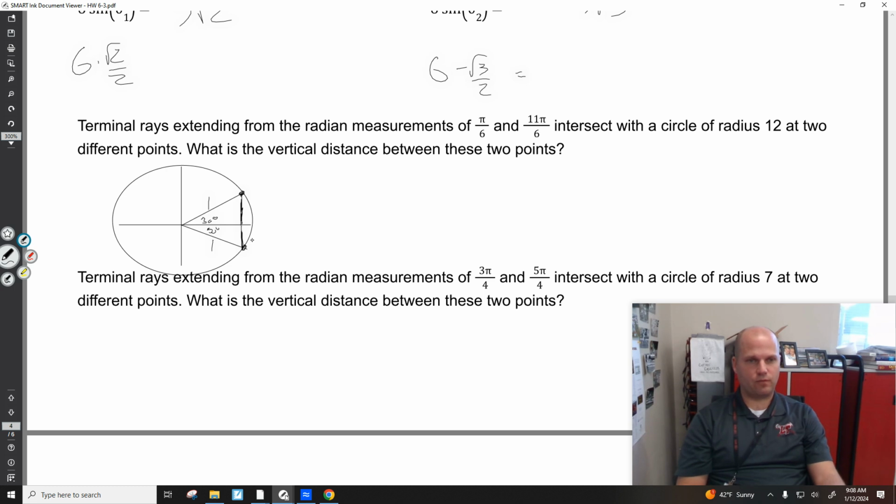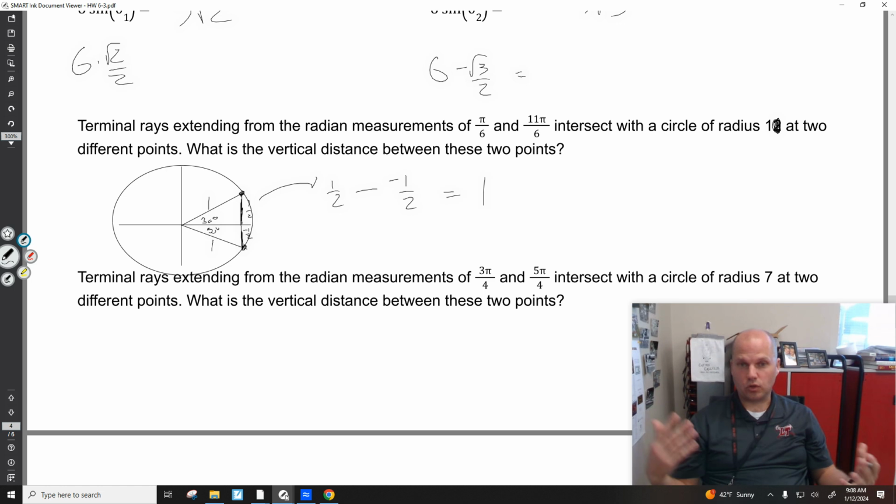We're going to remember that for the future. This is a short 30, 60, 90 triangle where this length is a half and this length is a half. Let me just do this question if the radius is 1. Okay, like what is the vertical distance? Well, it would be this 1/2 here minus this negative 1/2 here to give me a vertical distance of 1.